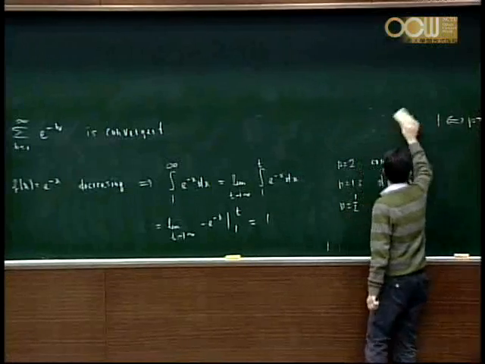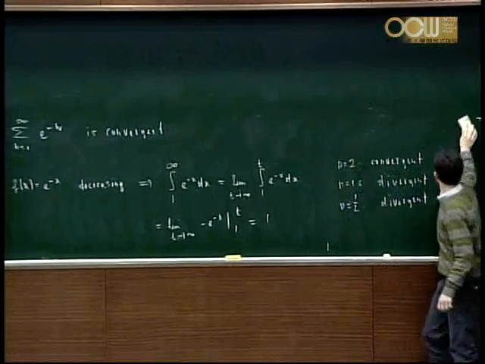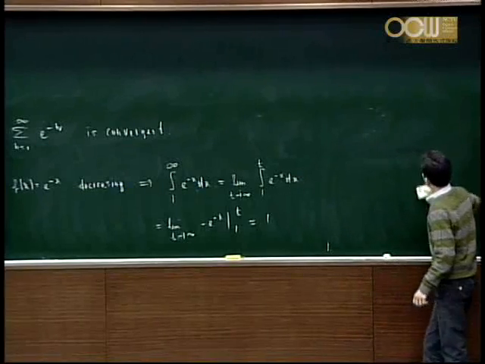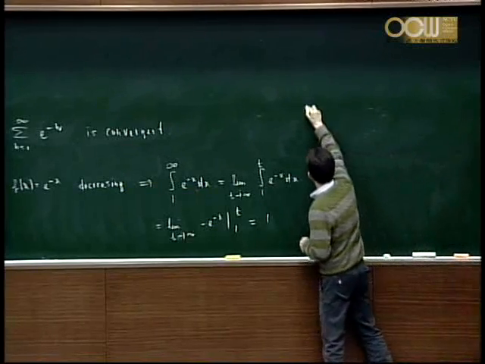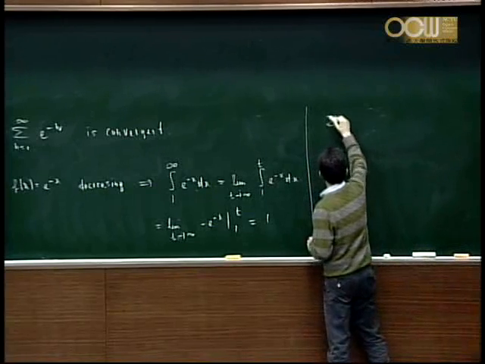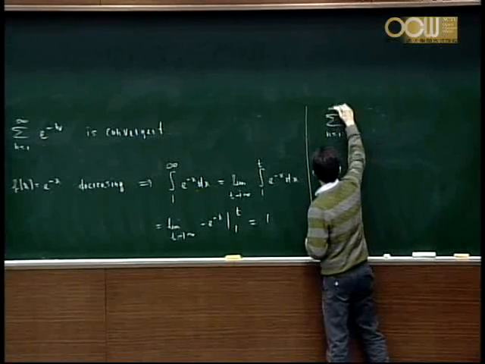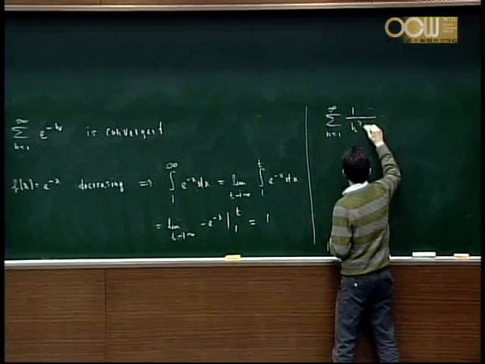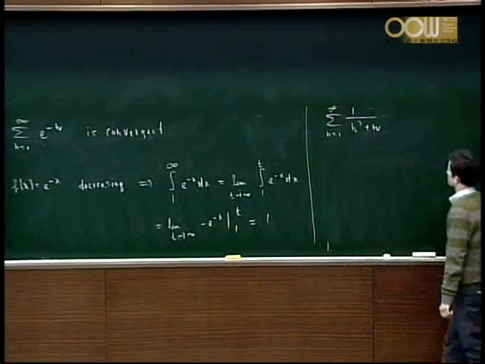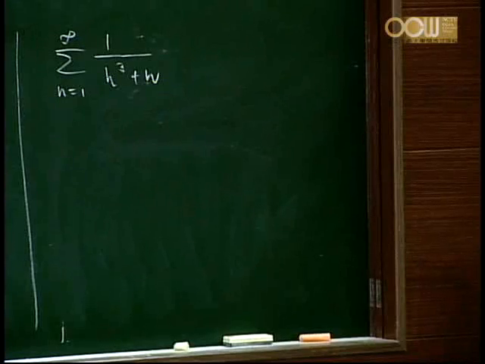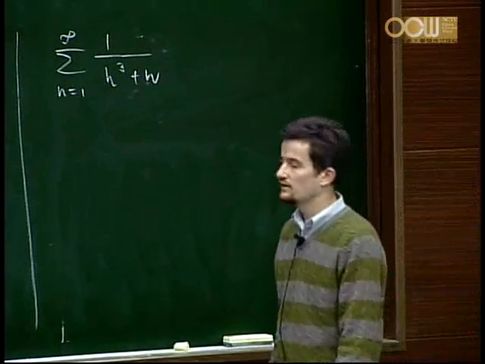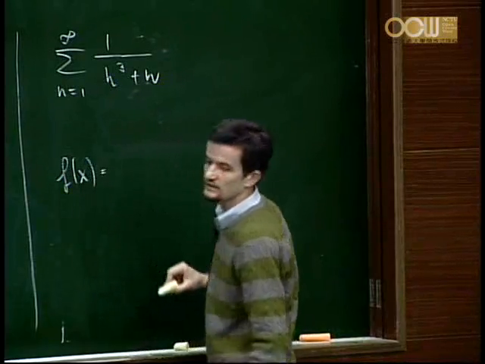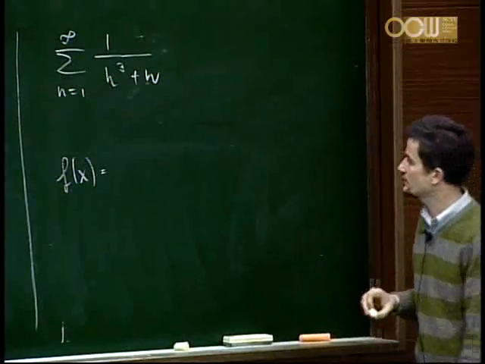Now let's look at one more example. So for instance, this one. How about this series? For this series, again, it's not so complicated, because we can immediately apply the integral test.